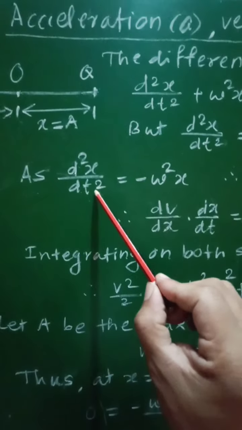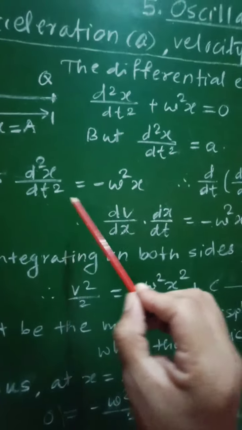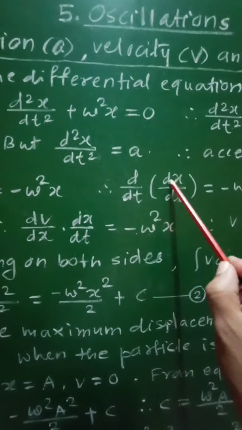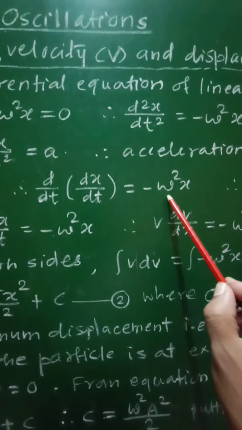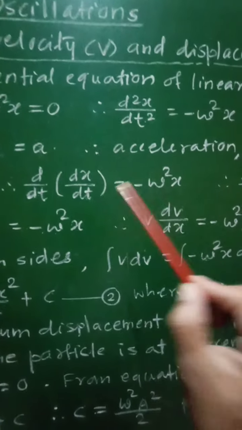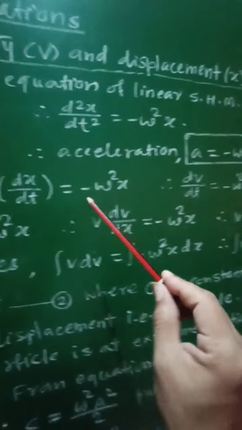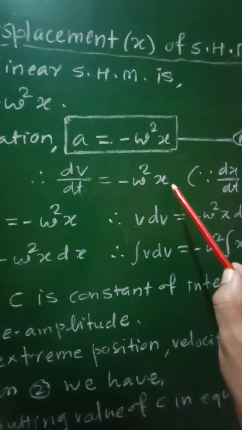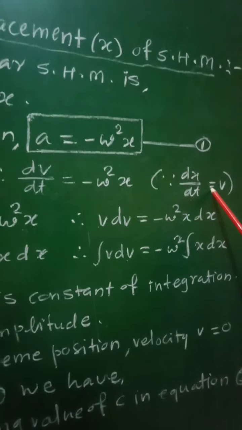Now, as acceleration d square x by dt square equal to minus omega square x, therefore we can write this double derivative as d by dt of dx by dt, and that will be equal to minus omega square x. But this dx by dt is velocity v, and therefore dv by dt equal to minus omega square x, since dx by dt is equal to v.